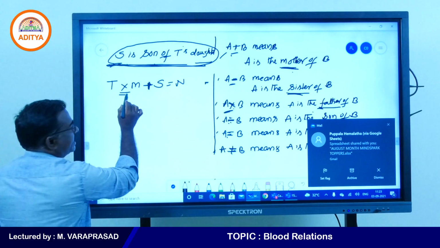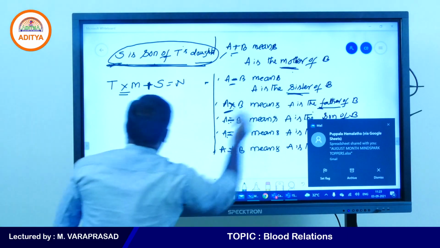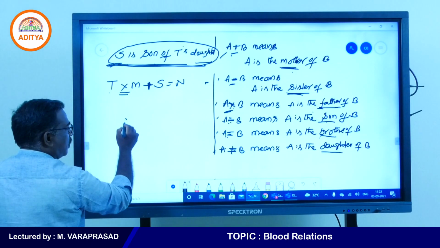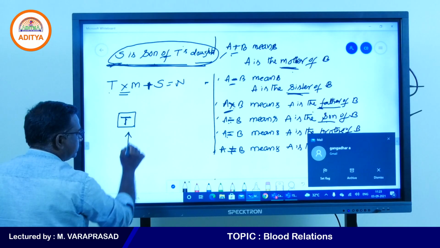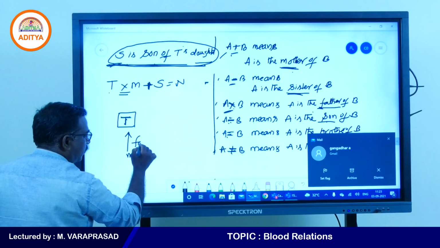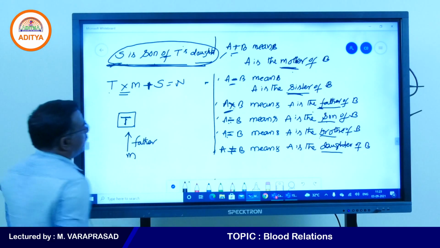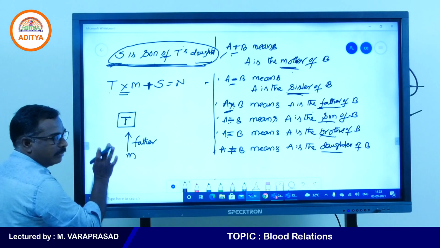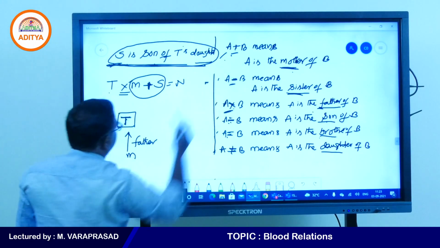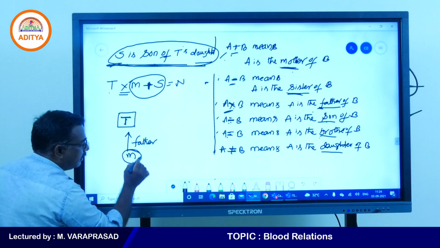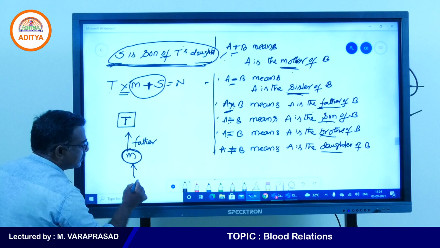Into means we can take as father, so T is father of M. We don't know whether M is male or female yet. Later we come to know: M plus S, plus means mother. M is mother, now female. M is mother to S.